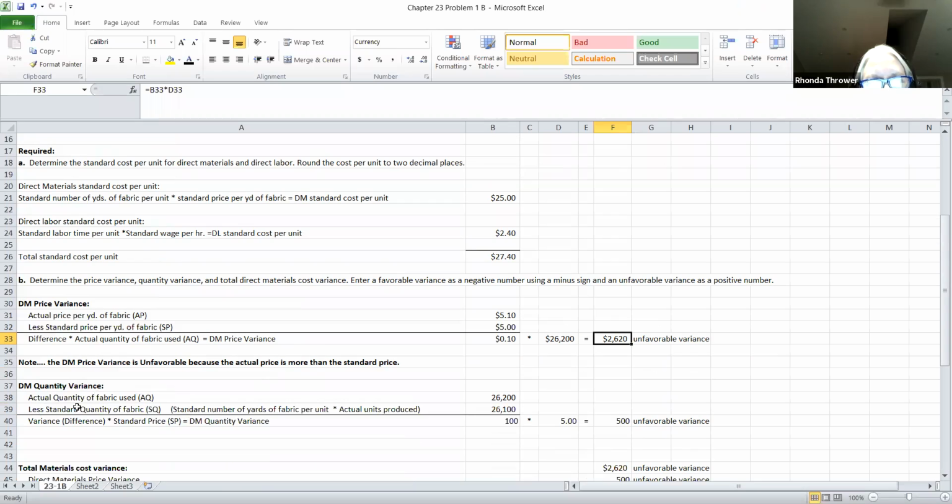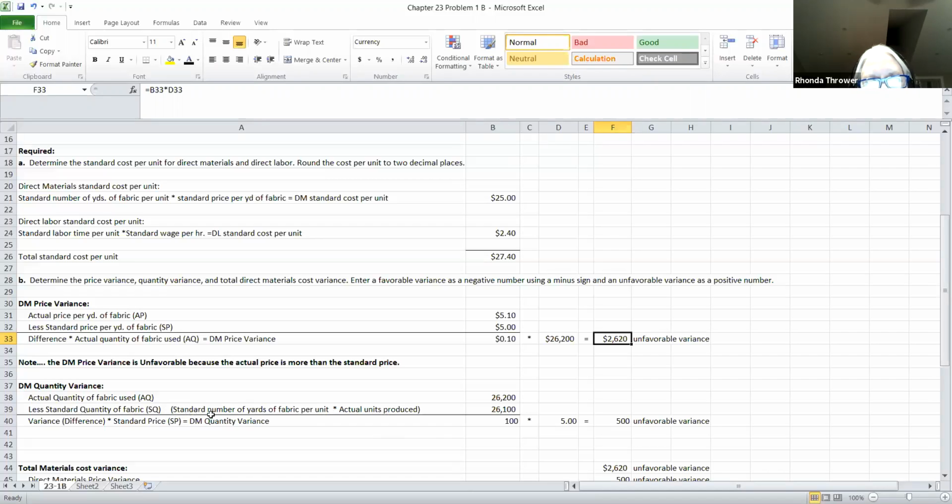You're going to subtract from the actual quantity the standard quantity of fabric. And what you'll have to do in this case is determine that by using this formula. A lot of times they'll give you all the information except for the standard quantity of items.